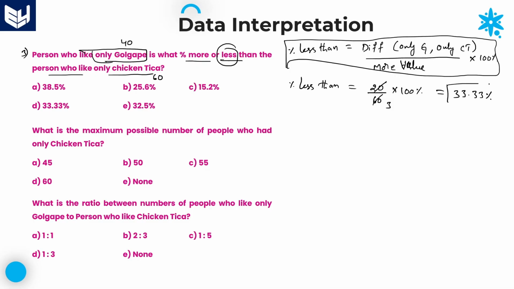That is the percentage less than. Look at the options. Among the options, option D is the right answer for this question.